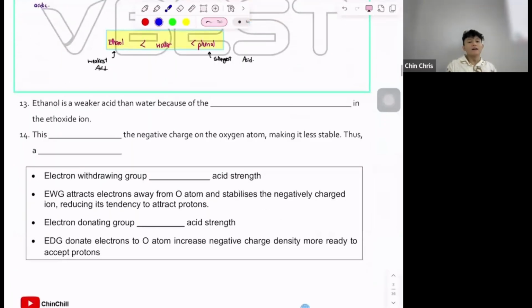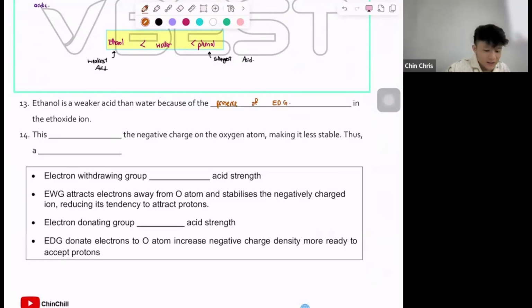All right, guys, now. Ethanol is a weaker acid than water. Why? Because you have the presence of EDG. So you can write it down, the presence of EDG. I'm going to use short form. EDG stands for electron donating group.